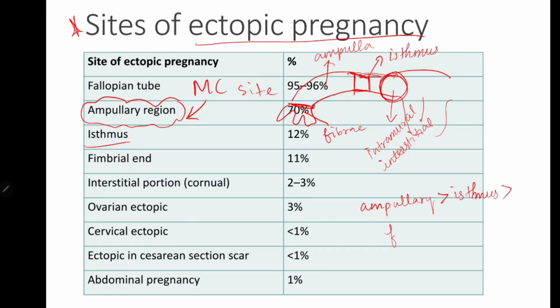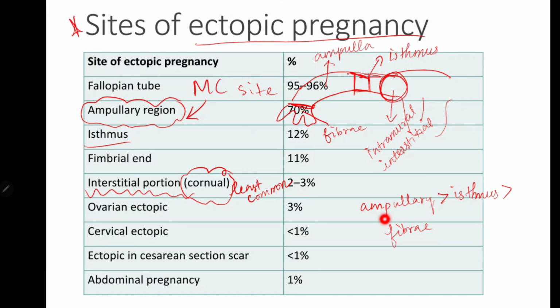Following isthmus is going to be your fimbriae. Following fimbriae is going to be your intramural part. So which is the least common? The least common site of the fallopian tube is going to be your interstitial portion, especially the cornual end. That is your cornual region.